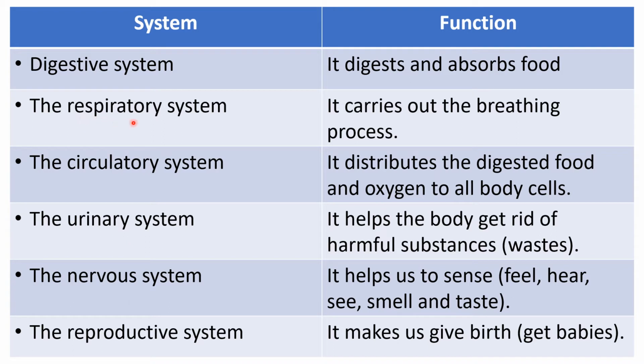The respiratory system carries out the breathing process. The circulatory system distributes the digested food and oxygen to all body cells. The urinary system helps the body get rid of waste. The nervous system helps us to sense, feel, hear, see, smell, and taste. The reproductive system makes us give birth.